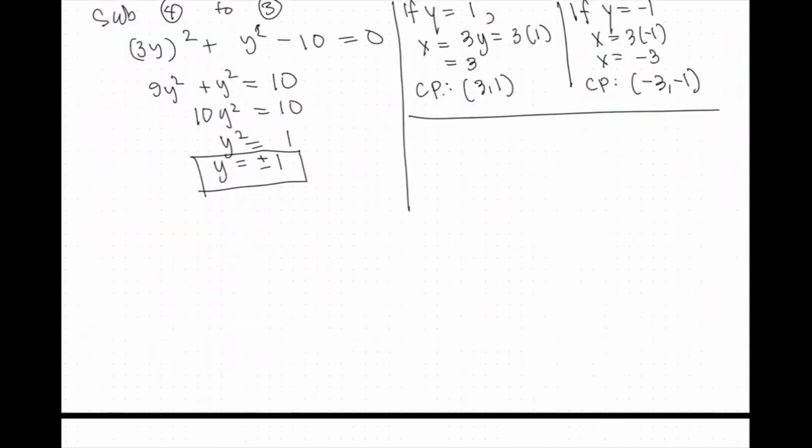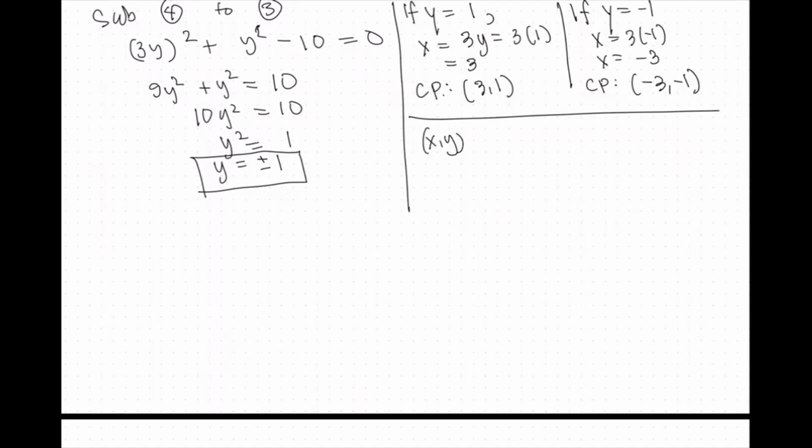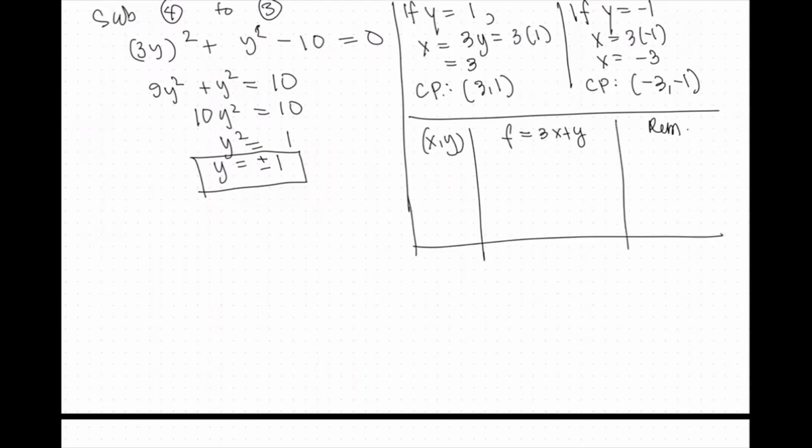Okay, now we are ready to make our table. We have x, y, our critical points, and the function given by 3x + y. We have only 2 points: (3, 1) and (-3, -1). For (3, 1), this is 3 times 3 plus 1, which is 10.